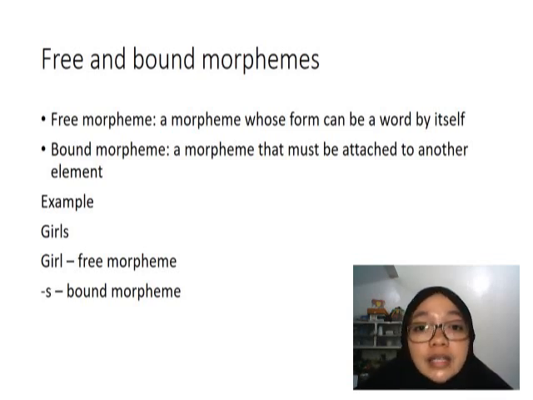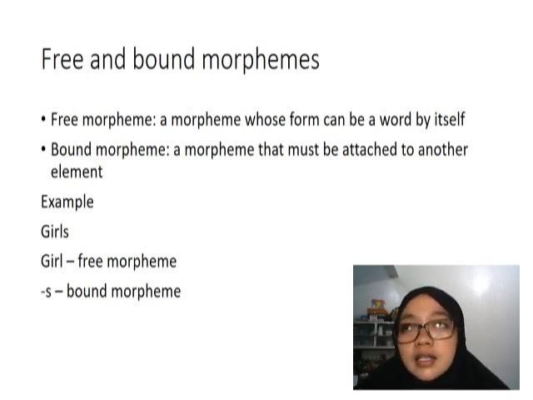Allomorph is the variant of morpheme. We have two examples of allomorph. The first is when we want to express indefiniteness, we use articles like a and an. A and an are examples of allomorph in expressing indefiniteness.